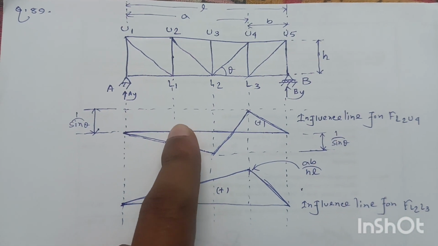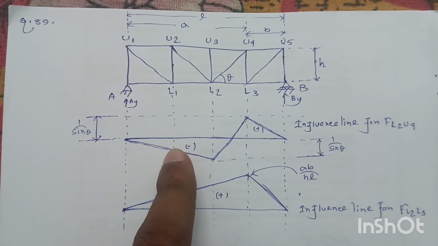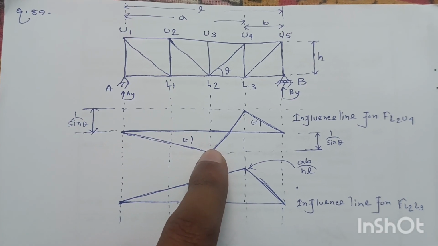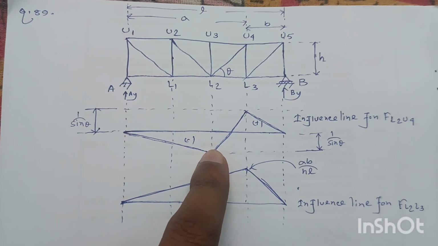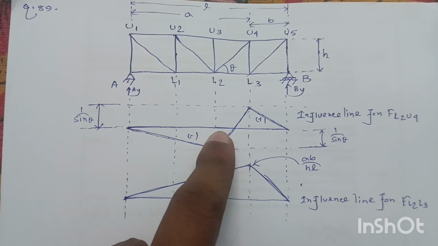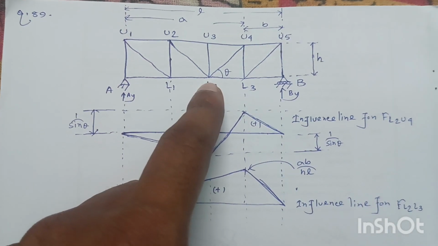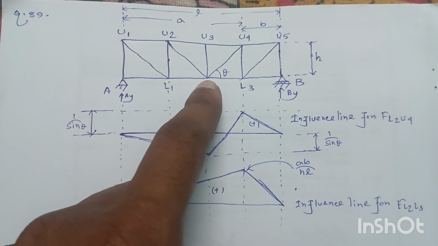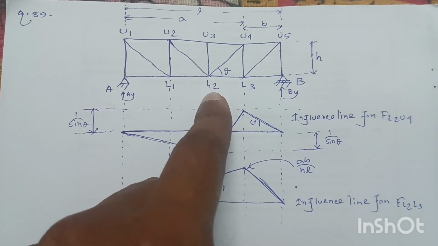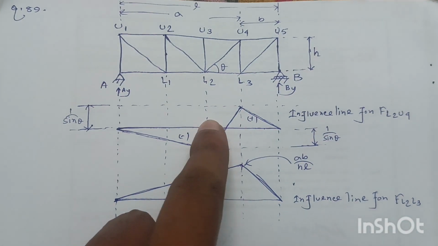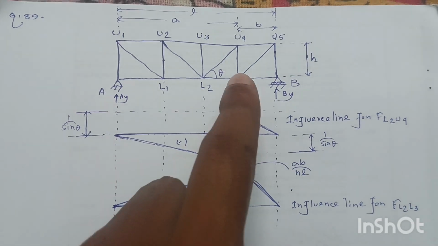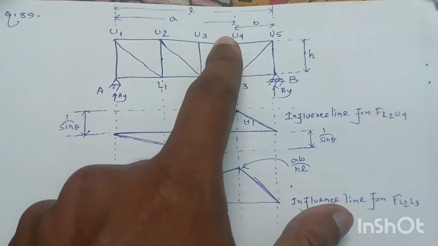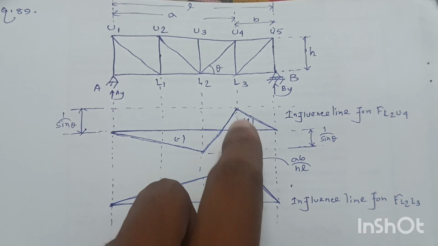Then we will get this height, the member force in L2 U4. At this point, when we want to calculate the height of the ordinate of the influence line, we place the unit load here and calculate the axial force in the member L2 U4. So we will get this height. When the unit load is here, we calculate the value of member force L2 U4. So this value will be the height of this graph.